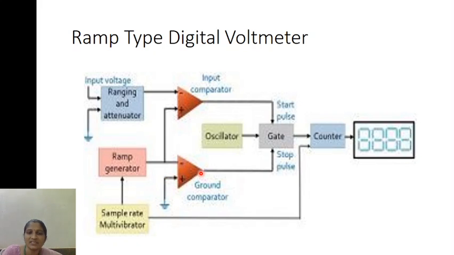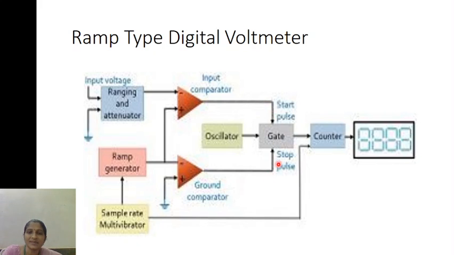The output of the ground comparator is given to the gate. This tells when to stop the pulse. That is the zero reference. When the zero axis, the x axis, is reached, a stop pulse is produced. This is given by the ground comparator, and when to start the pulse is shown by the input comparator.